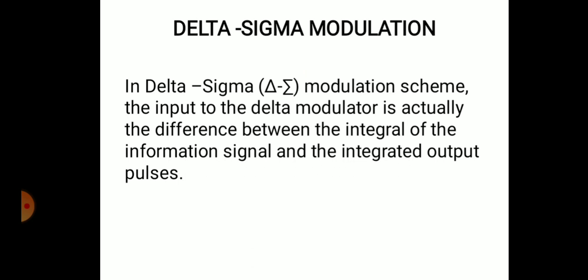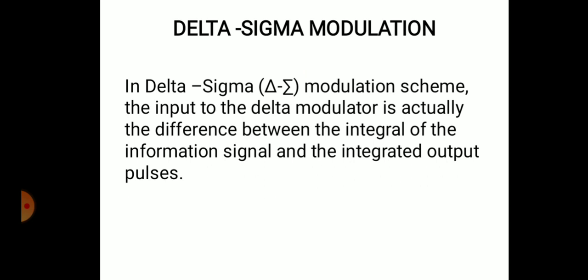So what we can say is that the low frequency components of the input signals are boosted and the high frequency components are attenuated with the use of the integrator. And in this way, the correlation between the adjacent samples of delta modulation can be increased.